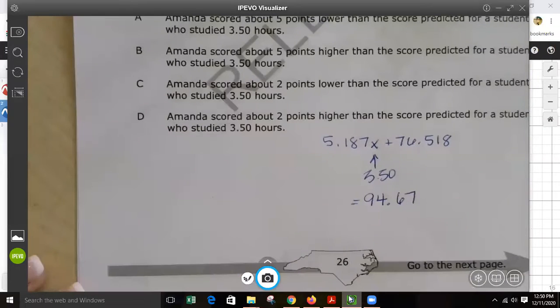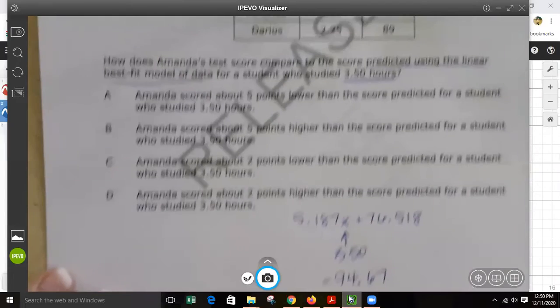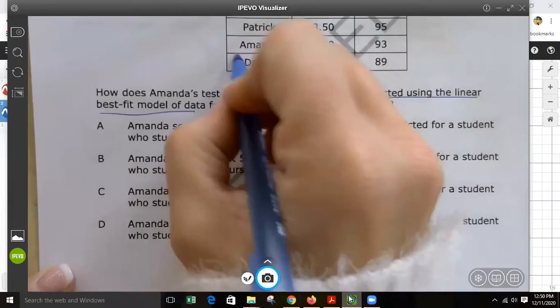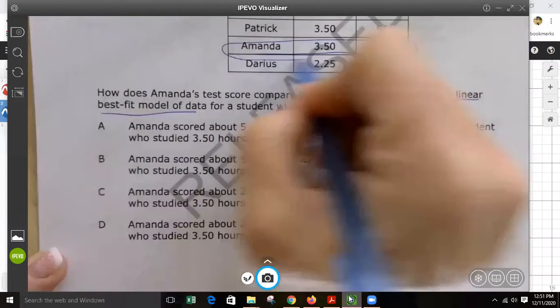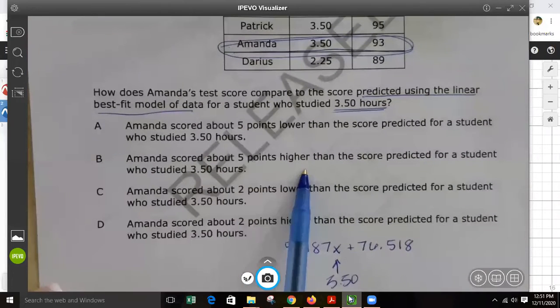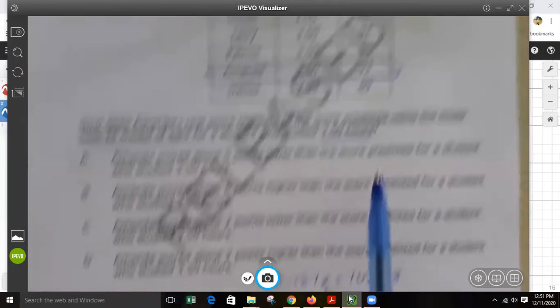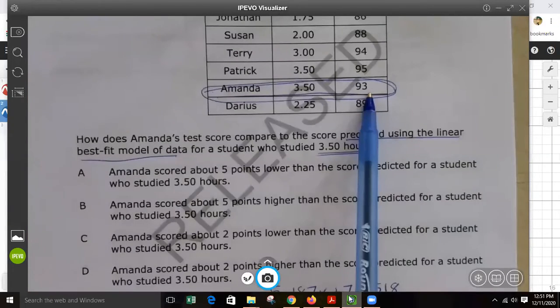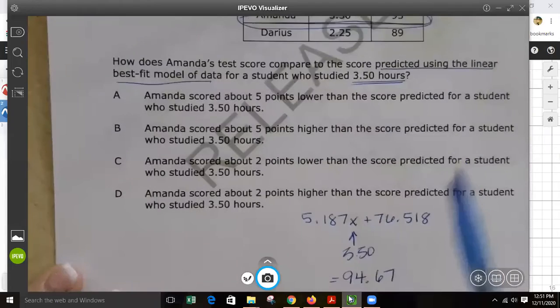All right, is everybody okay with where I got that from? All right, we're going to go back up. We're only looking at Amanda right here. She got a 93. So did she score about 5 points lower or higher, or about 2 points lower or higher if she got a 94 from a 93? About 2 points. So we're going to mark these out.